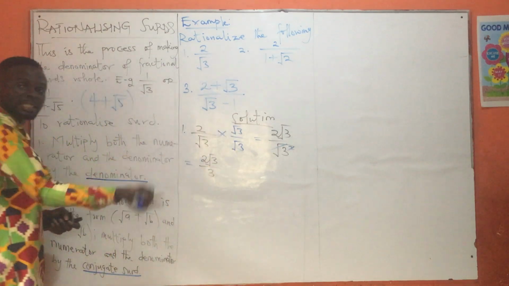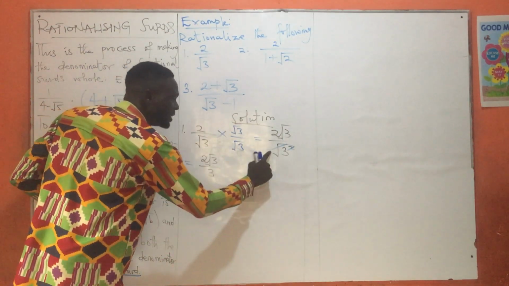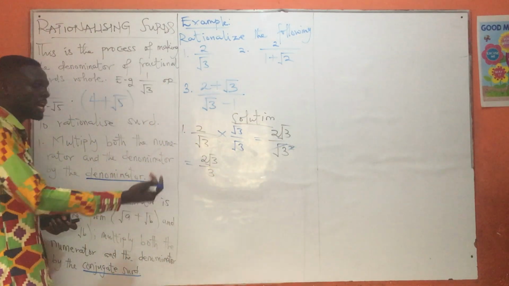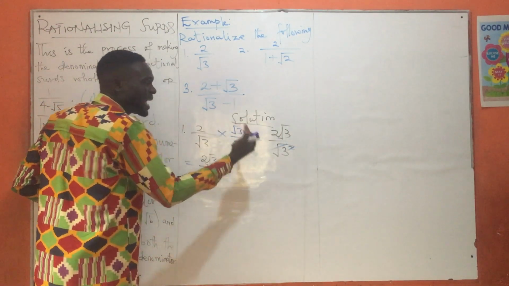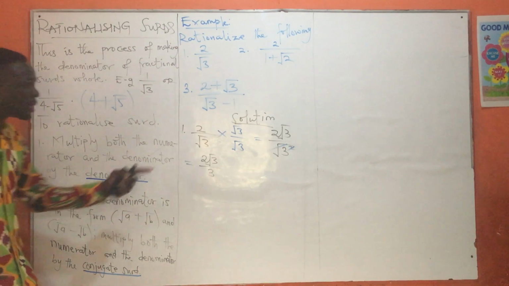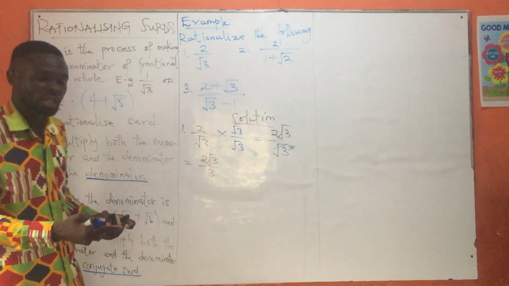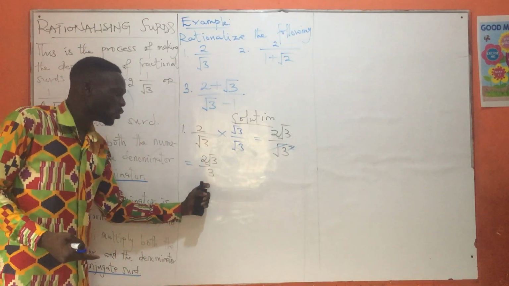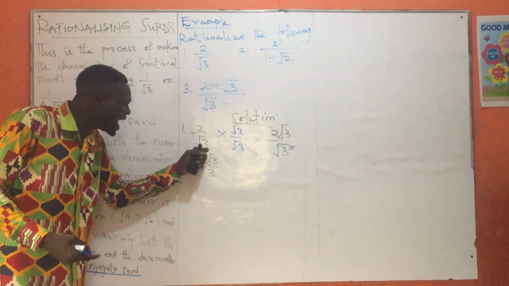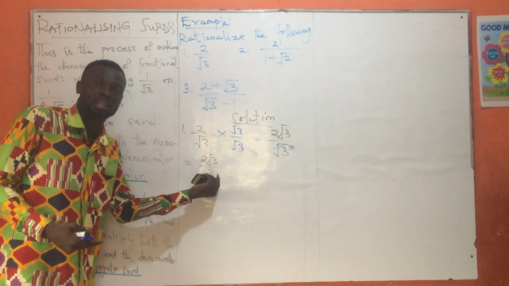That is the denominator times itself. Now when the denominator multiplies itself, you are having the square root of 3 squared, because 3 times 3 can be written as 3 to the power 2. Now because there is a square root here and we have a square, they will cancel out. Then you have 2 root 3 over 3. Now we have been able to rationalize the surd, and we have the denominator to be a what?